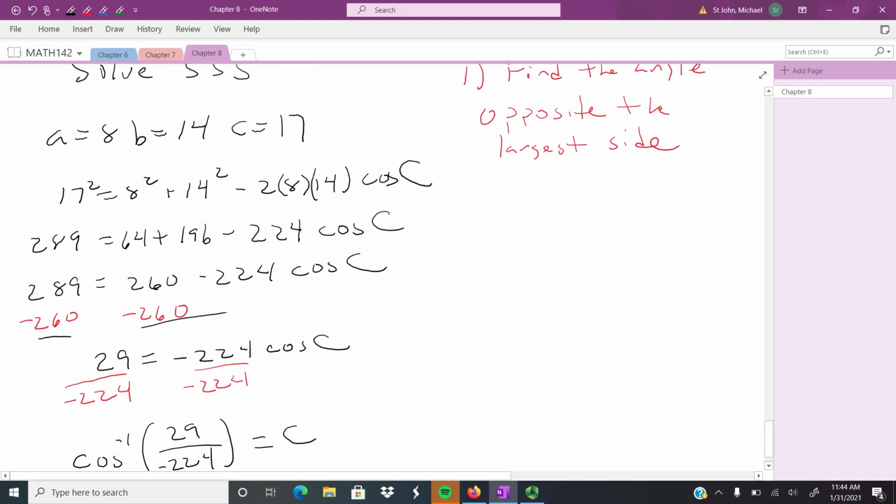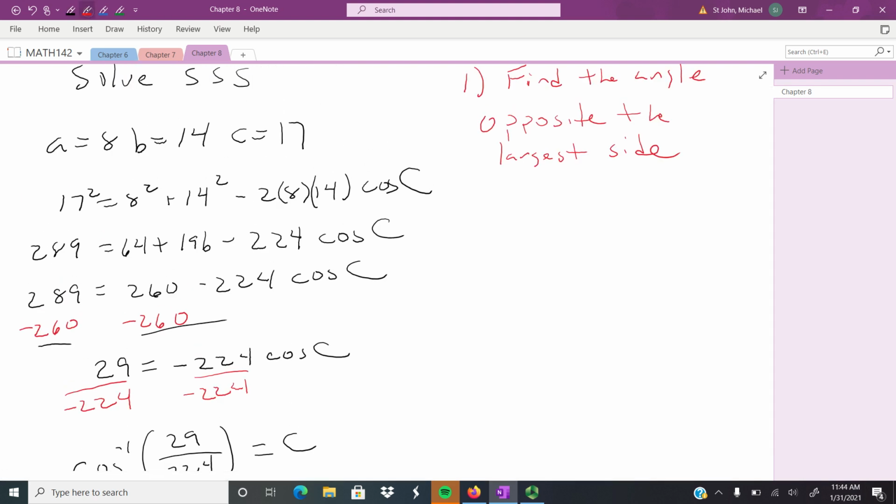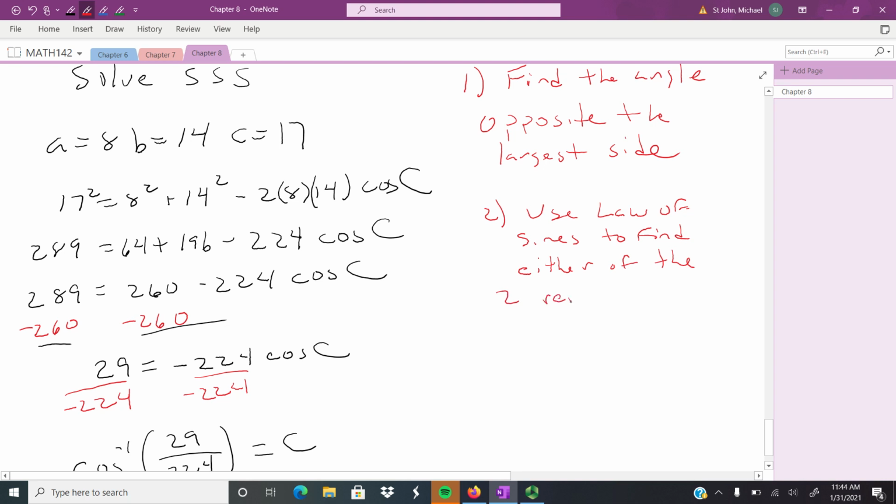And so now the second step is use law of sines to find either of the two remaining angles.